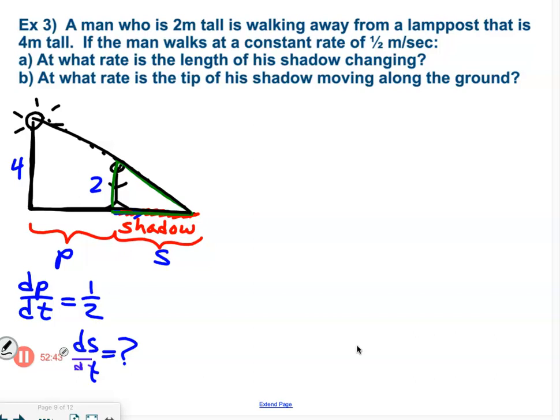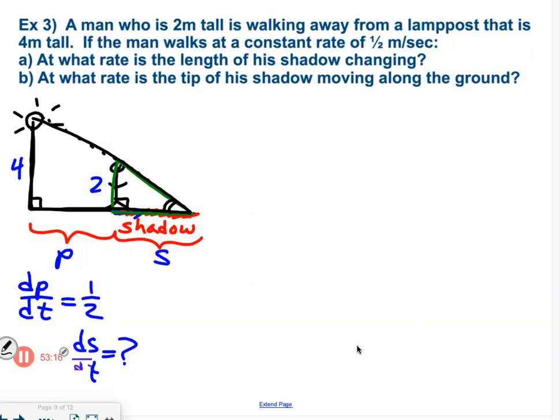These triangles both have right angles, and they both share a common angle right there, which means these triangles are similar by the angle similarity postulate. Triple A. Never thought you'd use it again, right?